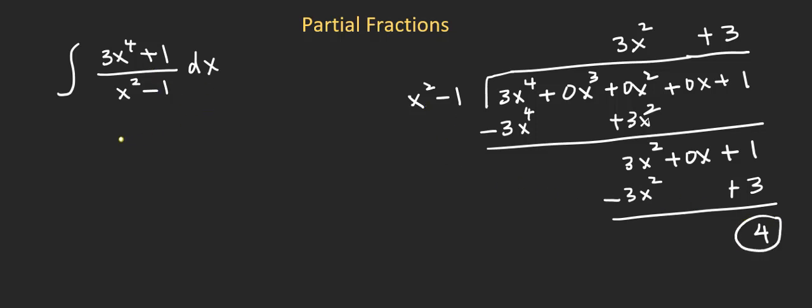So you could rewrite that as 3x squared plus 3 plus 4 over x squared minus 1. So when you actually find the integral of that, you find the integral of this.